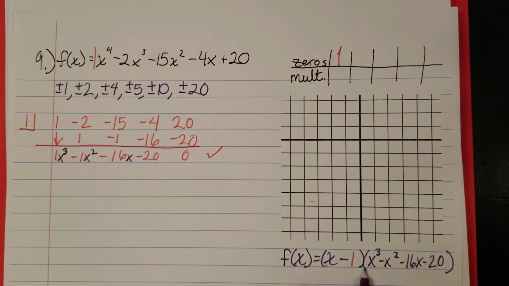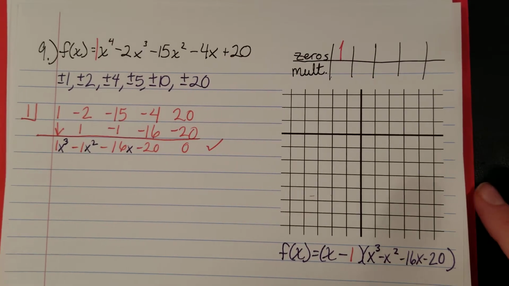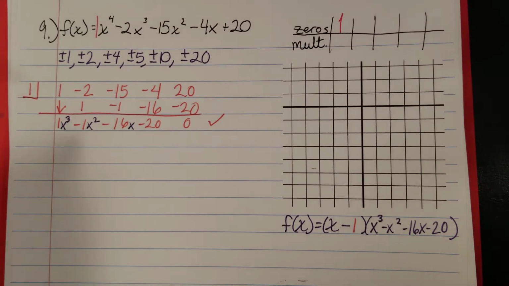All right, so we wouldn't be able to factor that third degree polynomial right there. So what we can do in that case is continue our synthetic division process till we find another 0. Now in this case we got lucky and we got it on the first try.